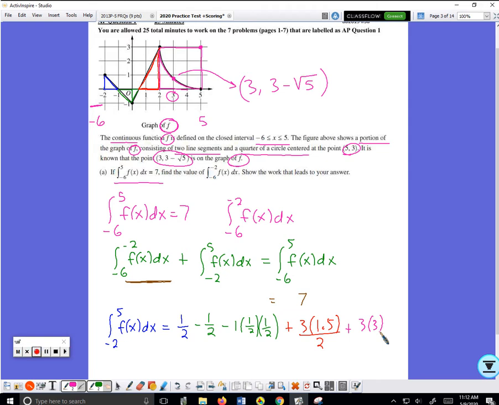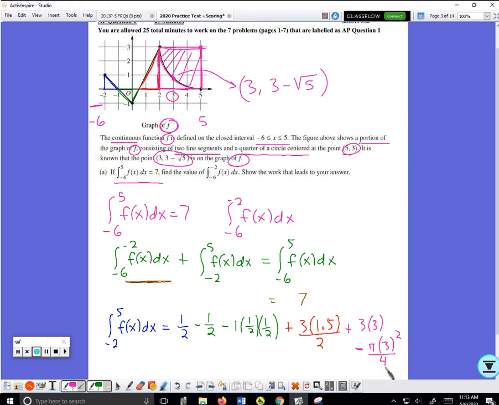And then I subtract from the area of the square the area here, which is a quarter circle. That's going to be minus pi, radius of that circle is 3, squared. That's the area of the circle. I take a fourth of that.